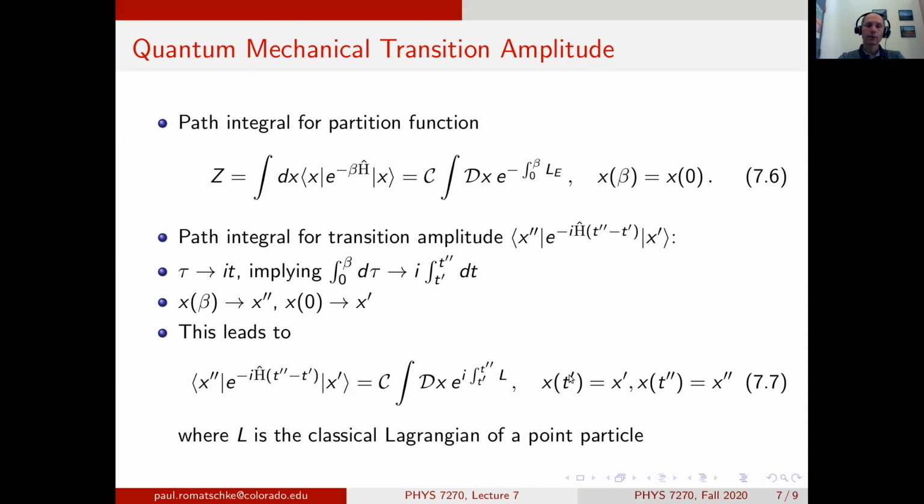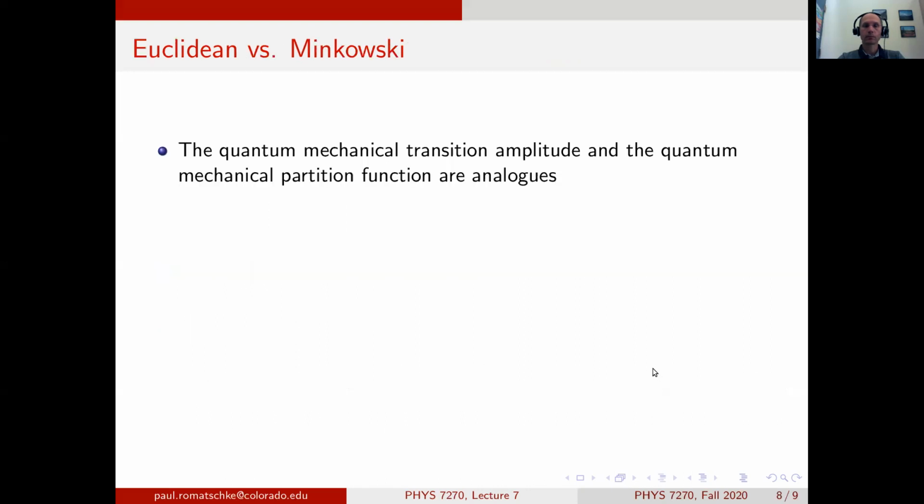This goes together with the requirement that at these endpoints, x of t prime is the same as the matrix element on the right-hand side, x prime, and x double prime on the left-hand side. So basically, that informs the statement that the quantum mechanical transition amplitude and the partition function are analogous.